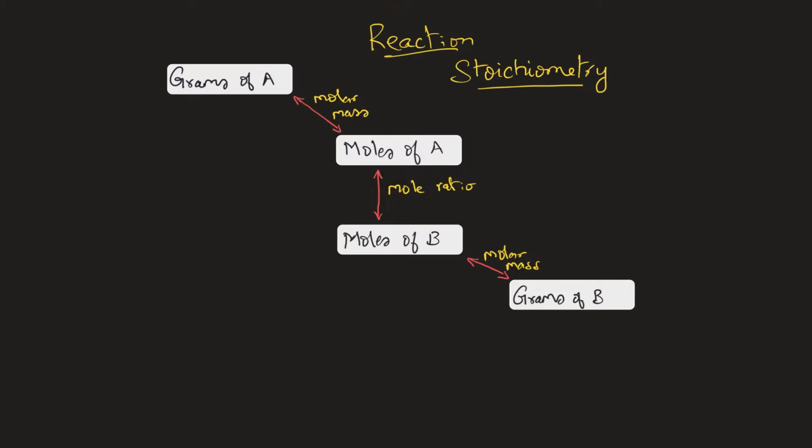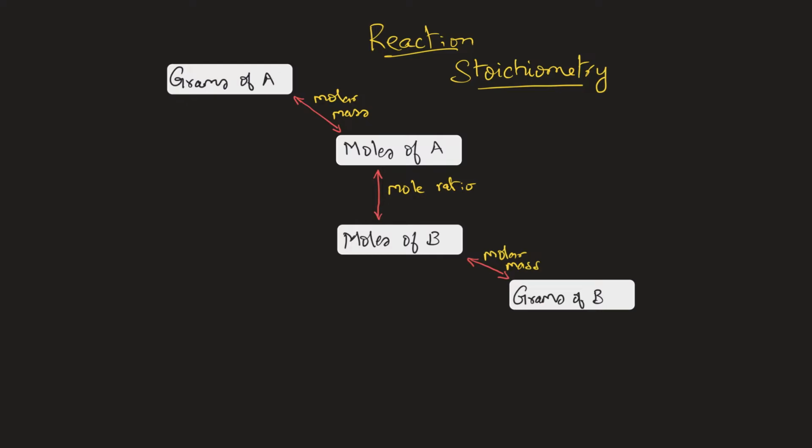Chemical reactions are never carried out in grams or pounds or ounces. They're always calculated in moles. However, the unit that our balances know how to measure in are grams. And so there has to be a way for us to convert the grams of a substance into moles of the same substance. And we are able to achieve that by using molar mass.